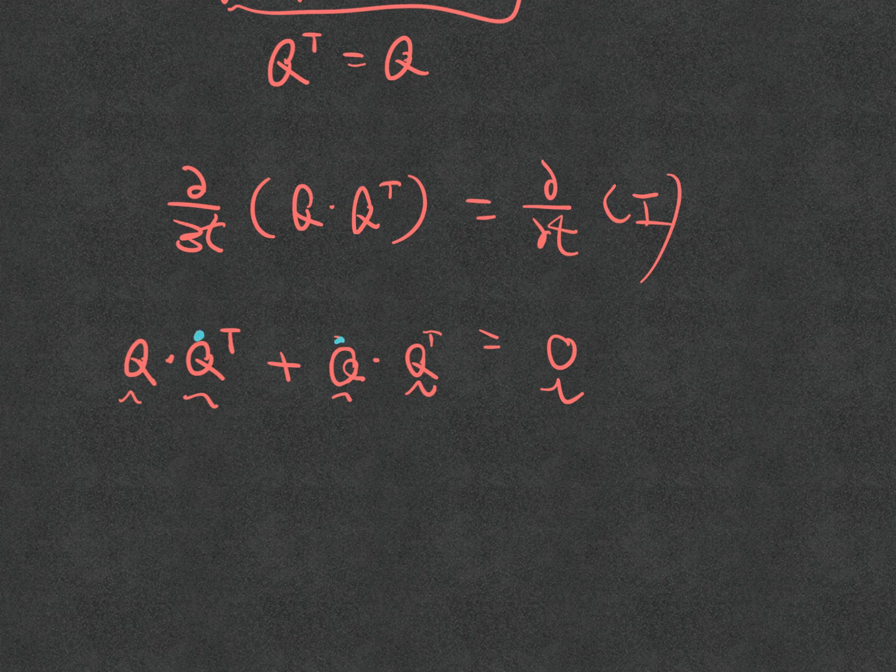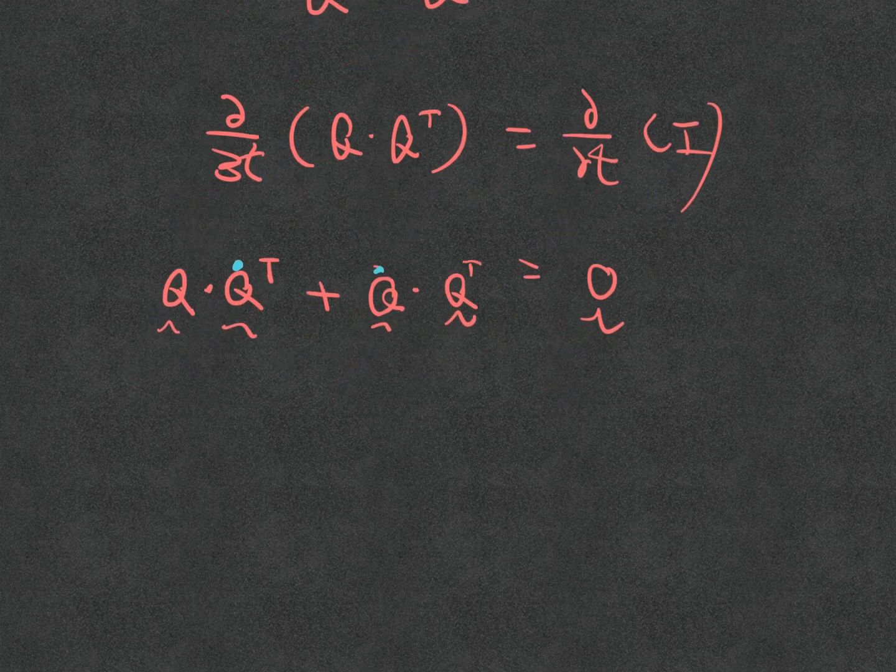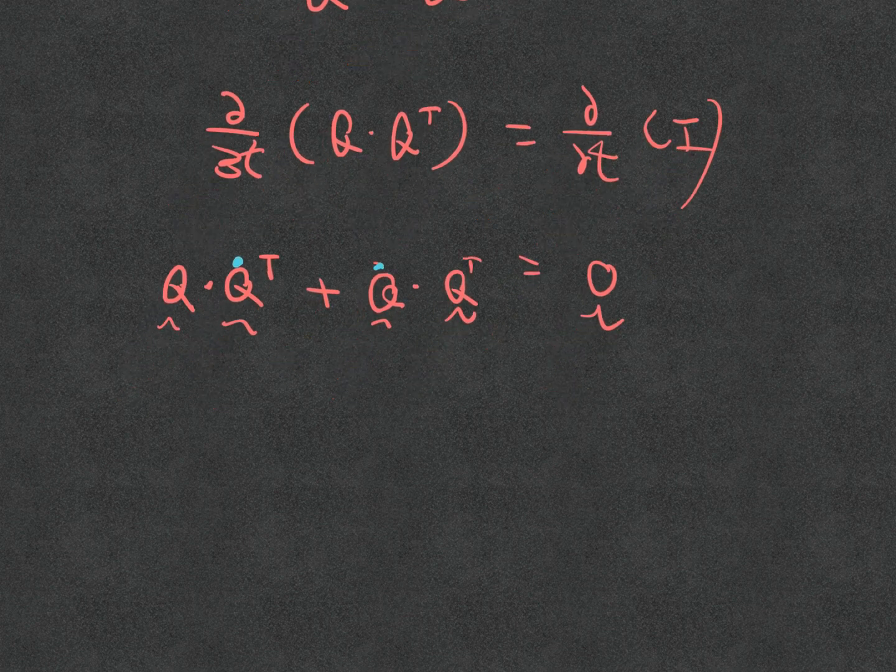I apply it on the second term and on the first term while I keep the other term together. What is the interesting thing about this? If I put it onto the other side, I get Q dot times Q transpose equals minus Q times Q dot transpose.